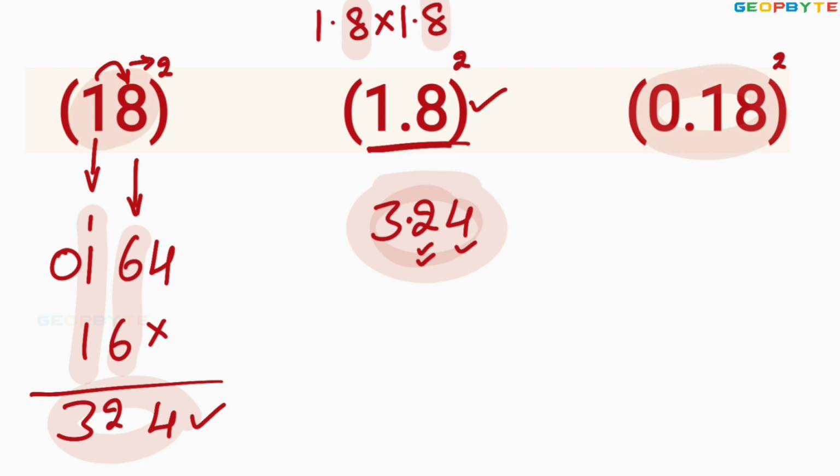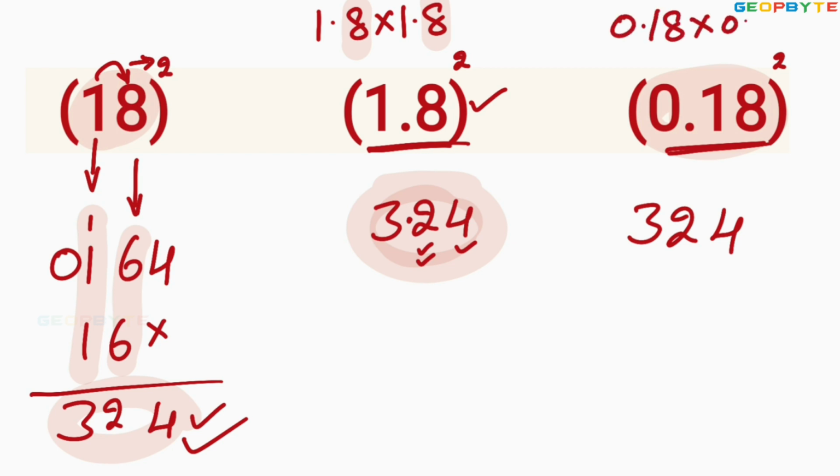Similarly, 0.18 whole square. For the 0.18 whole square also, you take this value 324. Then this 0.18 whole square you can write as 0.18 into 0.18. You count the number of digits after the decimal point 1, 2, 3, 4.